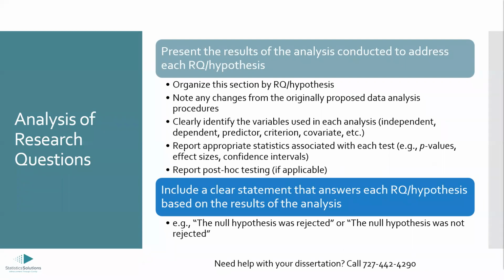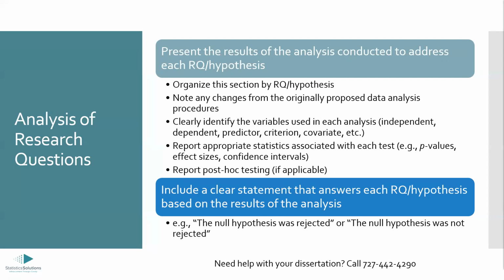And you'll want to present the results of that analysis, which includes reporting the appropriate statistics associated with each test that you're doing. So this can include p-values, if you're running any inferential tests, which if you're doing a quantitative study, generally you will be doing, and those will involve reporting p-values. But you'll also want to report things like effect sizes and confidence intervals where appropriate. And you'll also want to report post-hoc testing if it applies to your particular analysis.